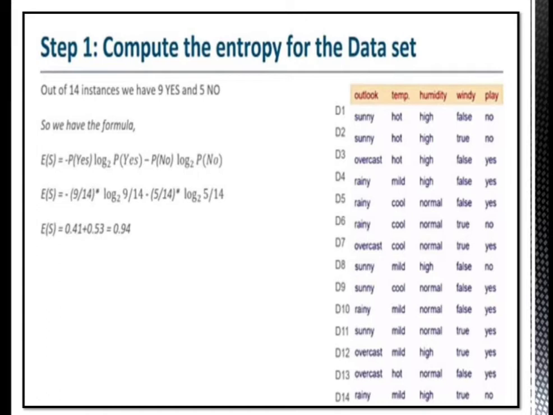By using this formula, we calculate it: the probability of S is 9 by 14, so 9 by 14 into log to the base 2 of 9 by 14, minus 5 by 14 into log to the base 2 of 5 by 14. So the entropy of S will be 0.94.